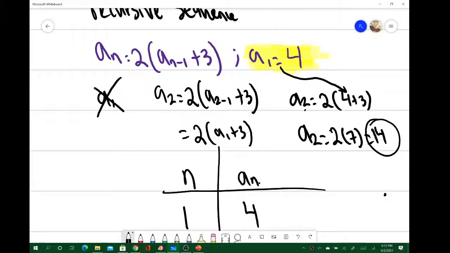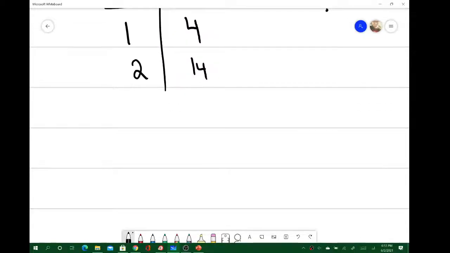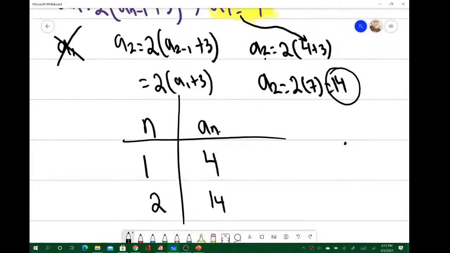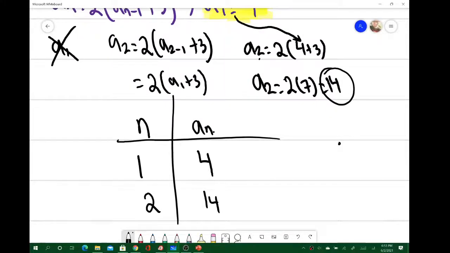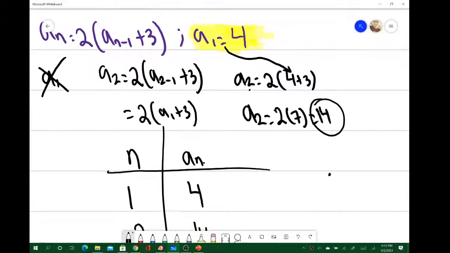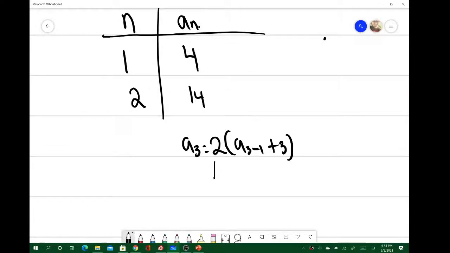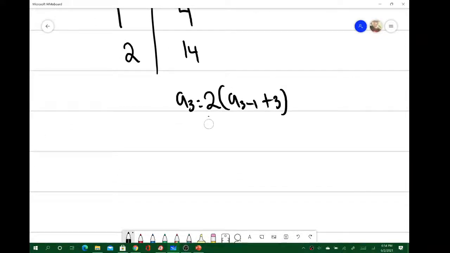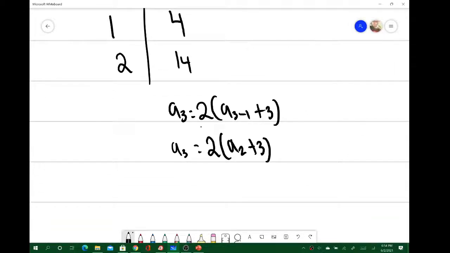So a sub 3 would be 2 times a sub 3 minus 1, plus 3. And then you would say this is 2 times a sub 2 plus 3 is equal to a sub 3, and we know what a sub 2 is. A sub 2 is 14.